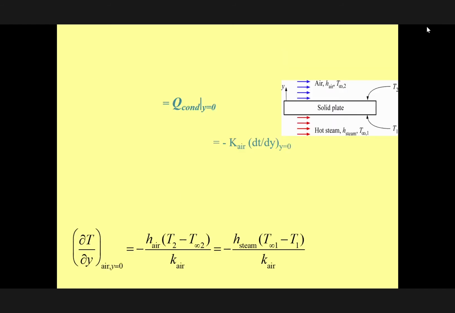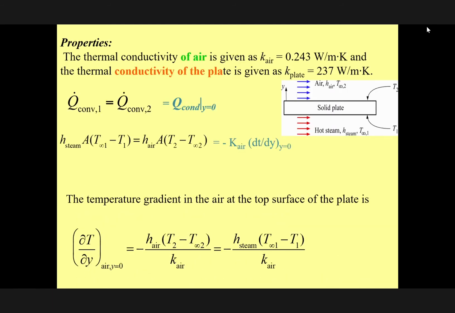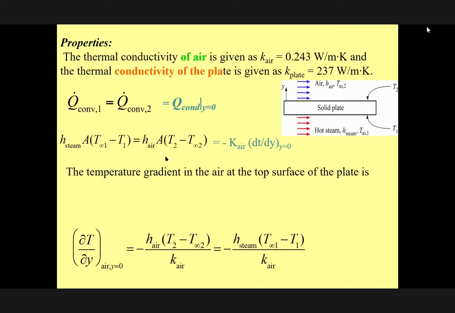Okay. Therefore, we can put this one here and we can calculate. By equating this equation that I have, this one equals this one, which is equal to this one, okay? Therefore, I can calculate H of air easily by equating these two equations, this one equal to this divided by here.